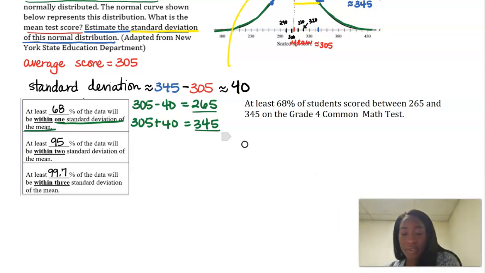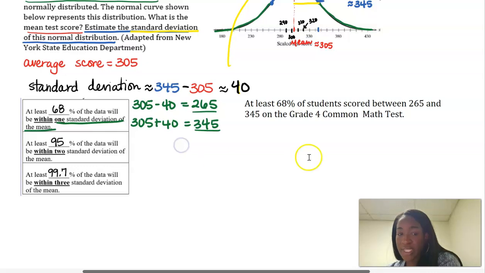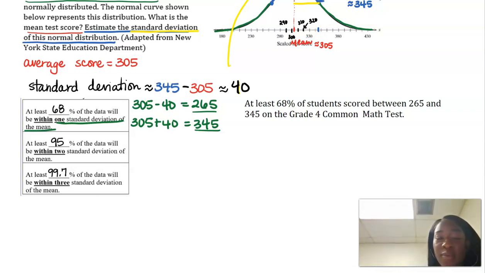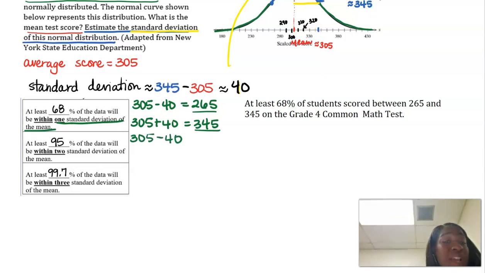I could also say, if I take it a step further and look at what's happening within 2 standard deviations of the mean, I would need to subtract the standard deviation twice.